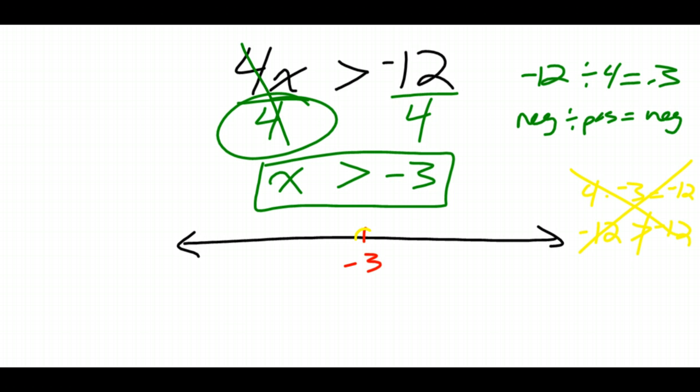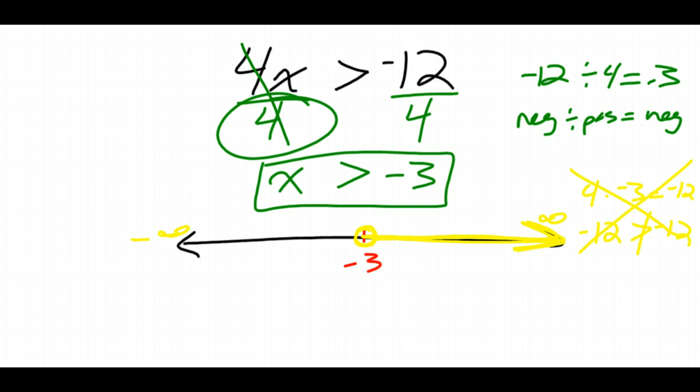We're going to use an open circle to represent that negative 3 is that key point, but x actually can't be negative 3. And now on our number line, towards negative infinity is the less than side. Towards positive infinity are all those numbers greater than negative 3, so any number greater than negative 3 is one that can be used in this inequality. X is greater than negative 3.